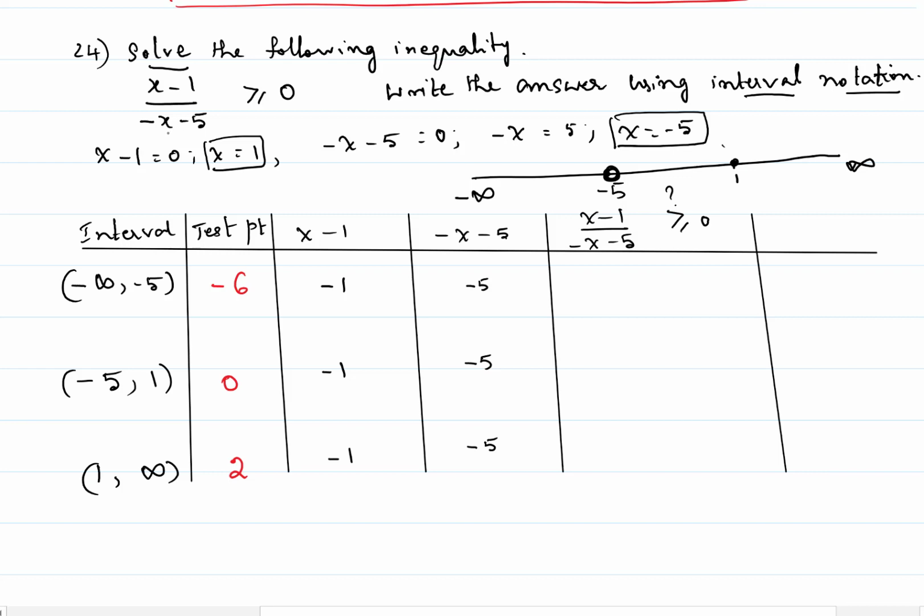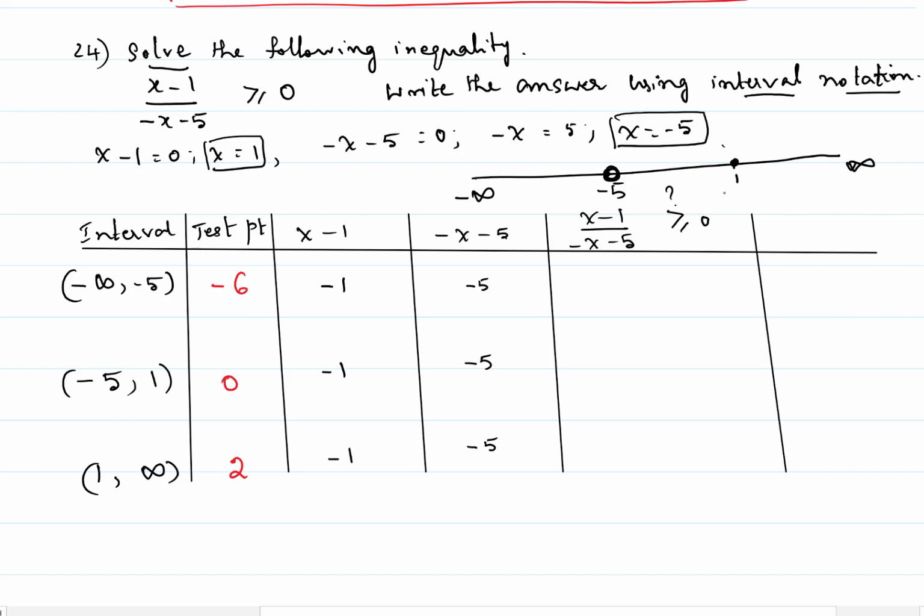If you plug in x equal to negative 5 into the denominator, that makes the denominator 0, and anything divided by 0 is undefined. So you cannot have the denominator becoming 0, and negative 5 is not part of the solution. So we are making it a hole.